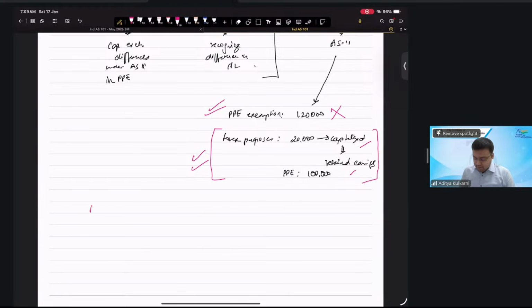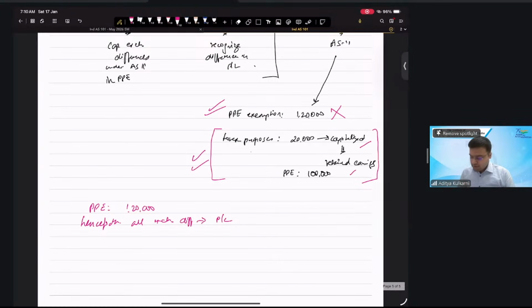You say that my property, plant, equipment, I will bring it into the books at 1,20,000. So I have complied with property, plant, and equipment requirements. And henceforth, all exchange differences will be taken to P&L.